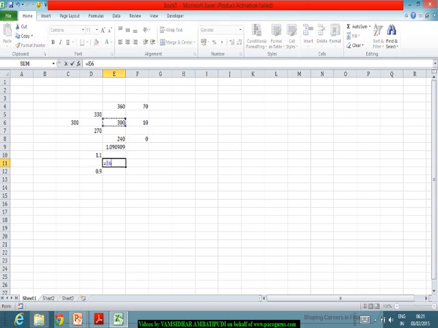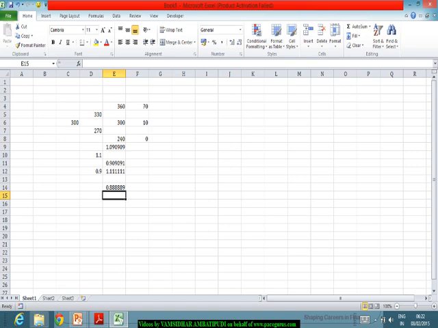Whereas in this case, it is 330 divided by 300 divided by 330, which is 0.9. The same logic, if I am going with another U here, the U here 300 divided by 270 is working out to 1.11, whereas 240 divided by 270 is working out to 0.88.